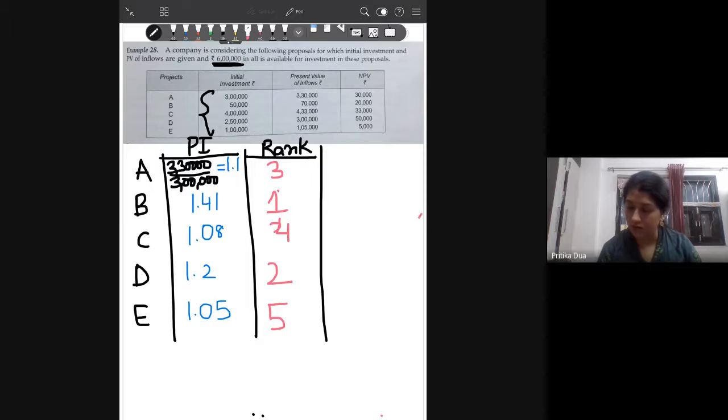the initial investment of B, 50,000 used here. So I am writing the cost, 50,000 used here. Then we are still having 5,50,000. Next, for second rank D, 3 lakh used here. So remaining, sorry, 2,50,000.